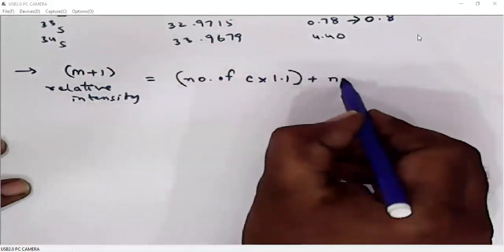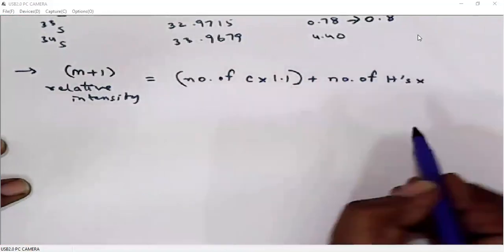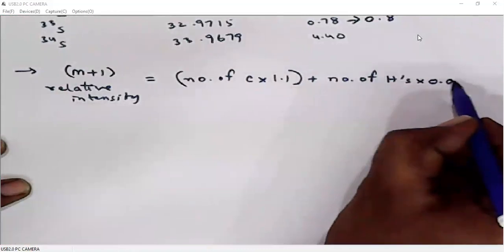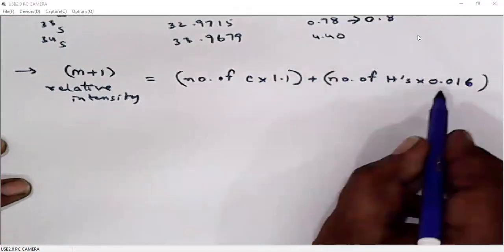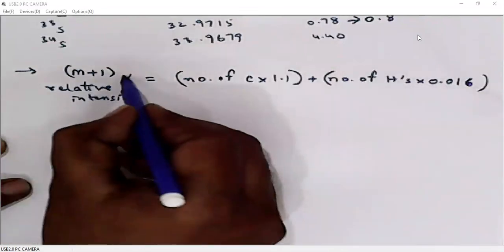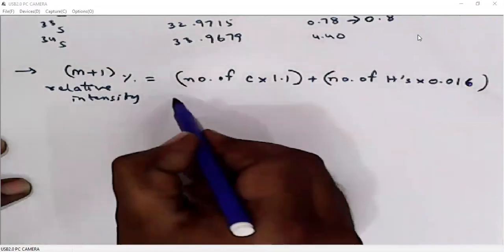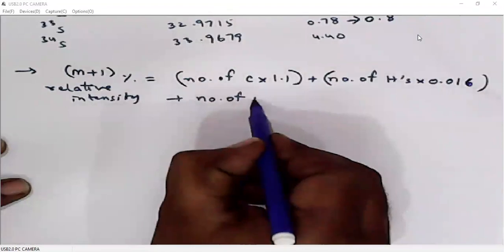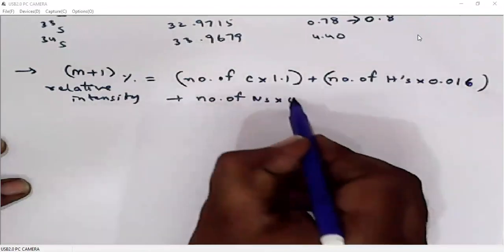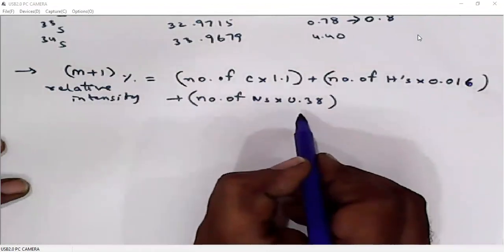Similarly, if you have hydrogens in the compound, then the number of hydrogens times its isotope, which is 0.016% available. Here also we are saying relative intensity, that means percentages. Plus, if you have nitrogens, then the number of nitrogens multiplied by 0.38, because 0.38 is the abundance of nitrogen 15.